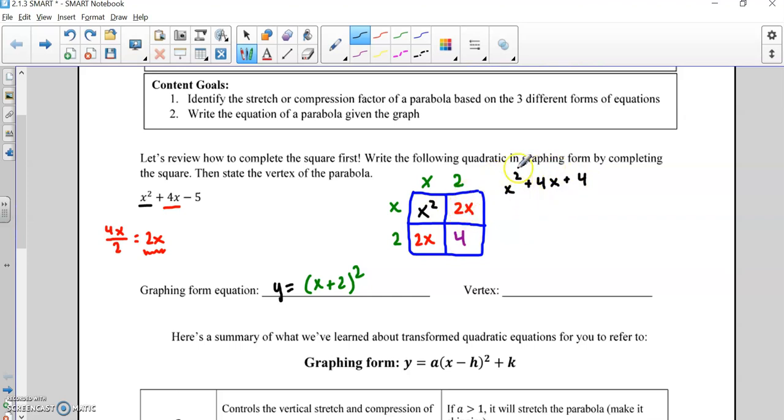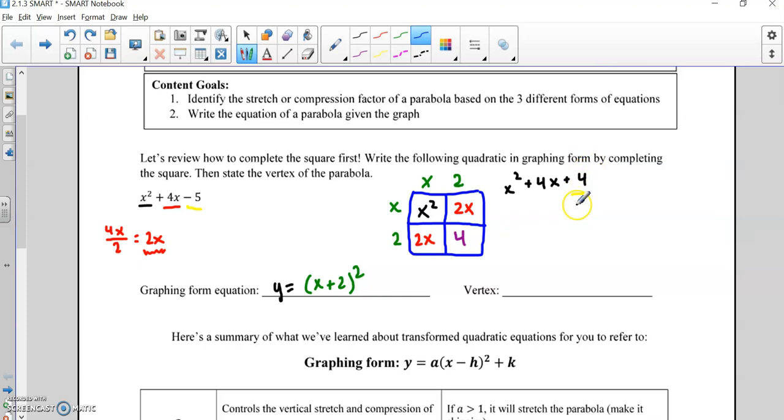Now the problem is that we need this to match this, and obviously there's an issue. We have a plus 4 here, but we want to get a negative 5. So this is where we have to ask ourselves, what can I do to this 4 to turn it into a negative 5? What can I add or subtract?